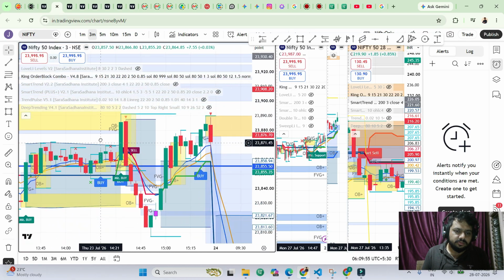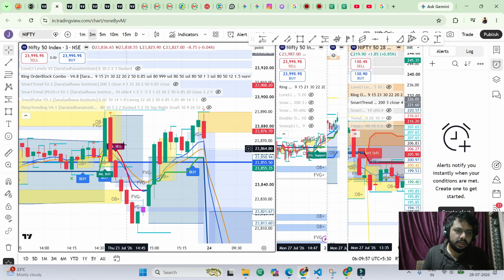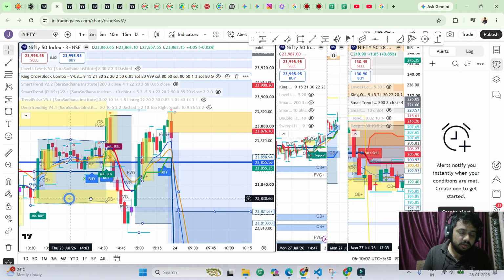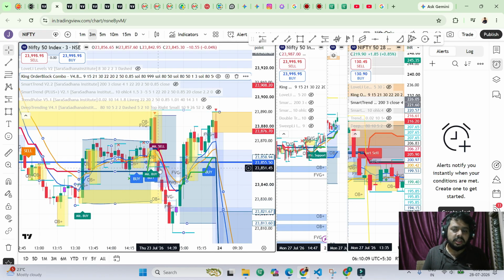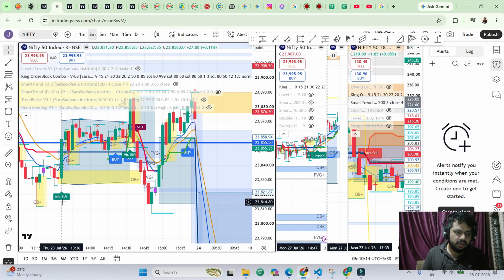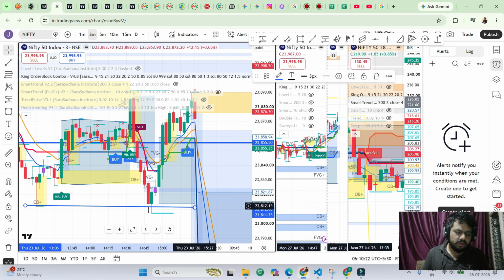See how the order block got rejected and mitigation sell came, and again a huge fall till order block plus. That's all you can expect. Whenever you see an immediate order block, you can expect only that much. Here again it got rejected in this particular order block. See how nicely it got rejected from here.